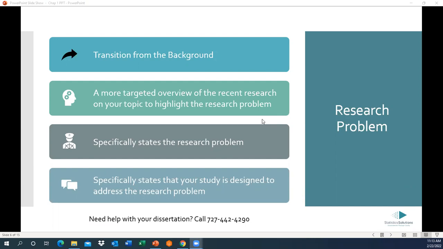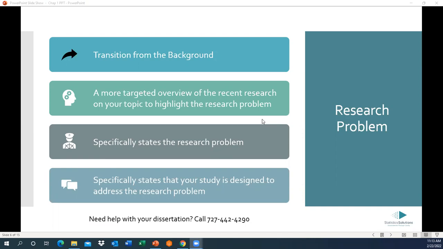You don't support the research problem with research from 10 years ago, because it may not be a problem anymore. And you want to specifically state the research problem, and specifically state that your study is designed to address the research problem.